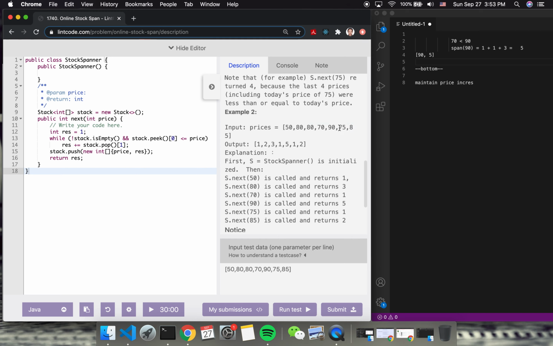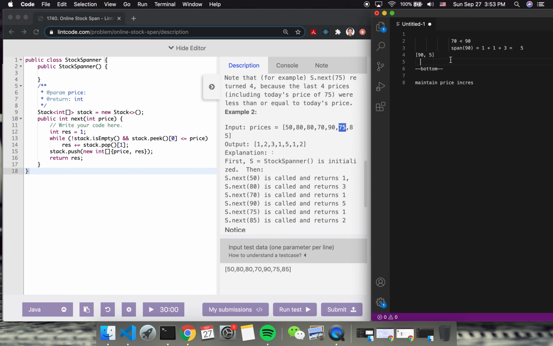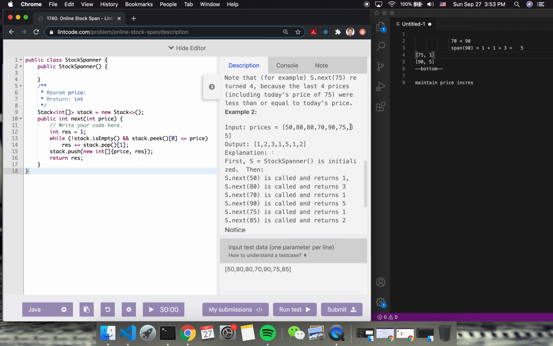We are comparing it with 75. So then the span of 75 would be 1, and then okay, 75 is smaller, so we can safely push into the stack.